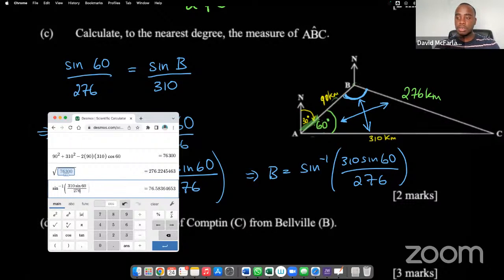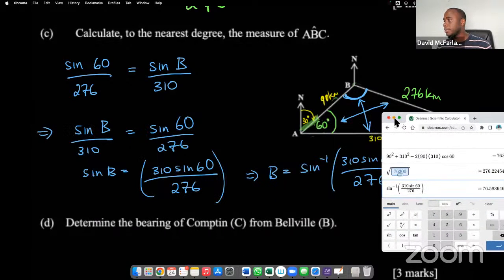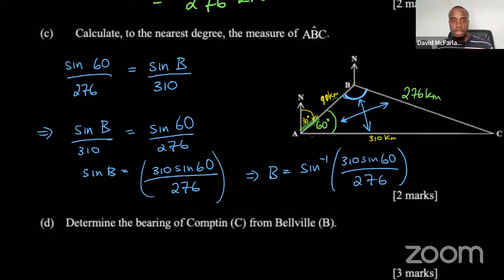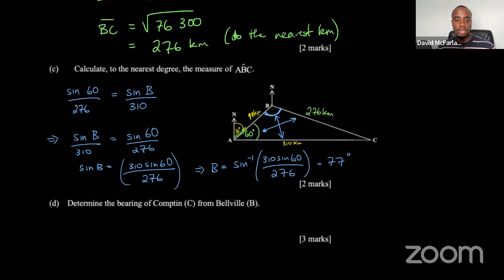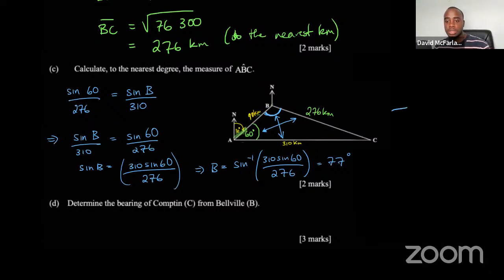Yeah, that's what we got: 76.58, so to the nearest degree it's going to be 77 degrees. All right, so that means B is 77 degrees. So we can say, therefore, angle ABC is equal to 77 degrees.